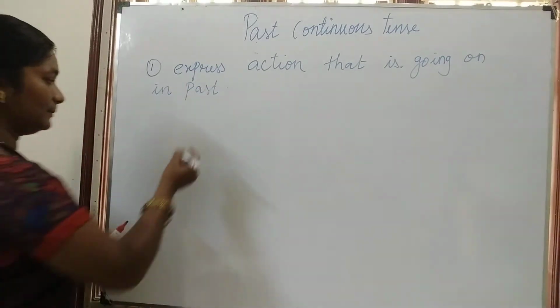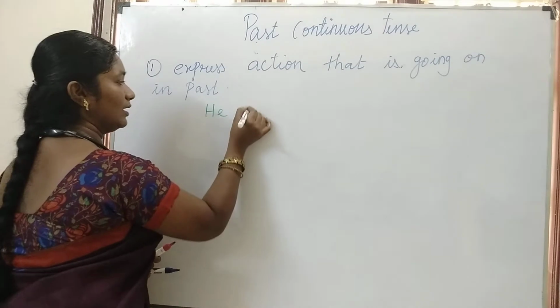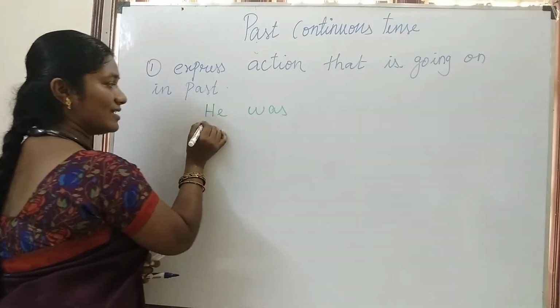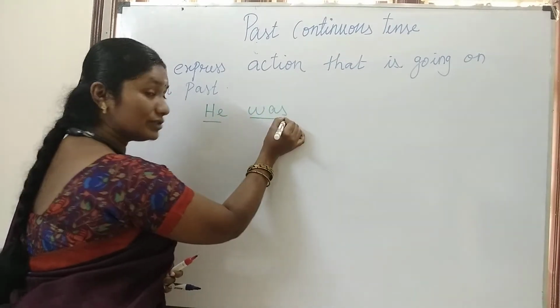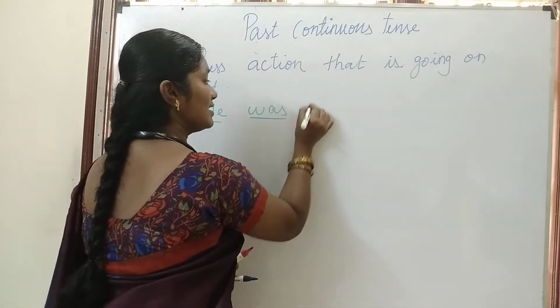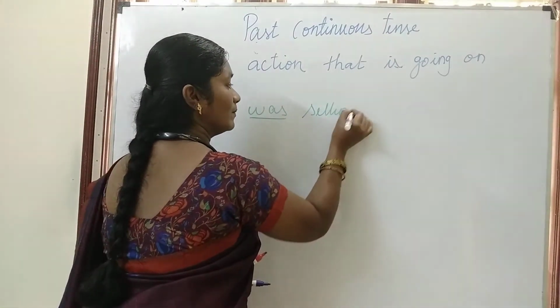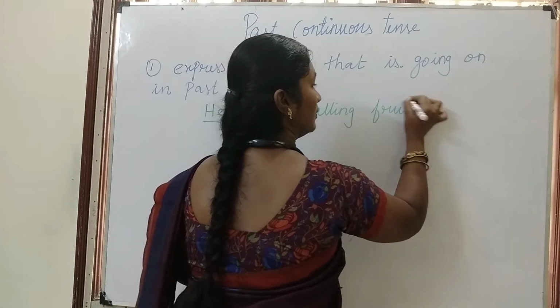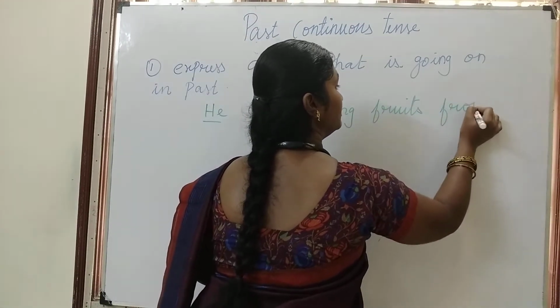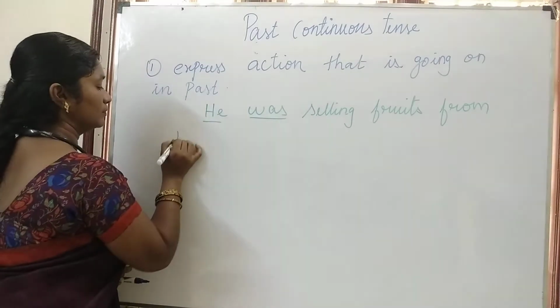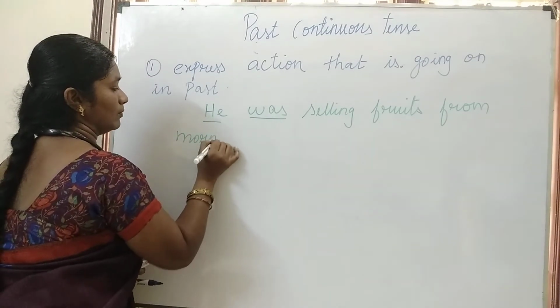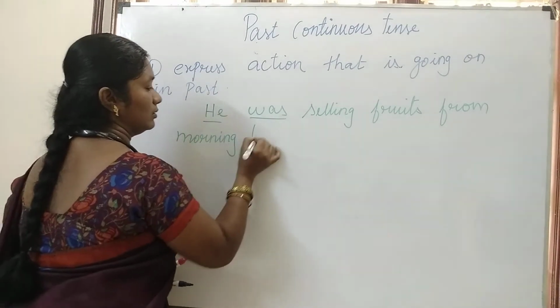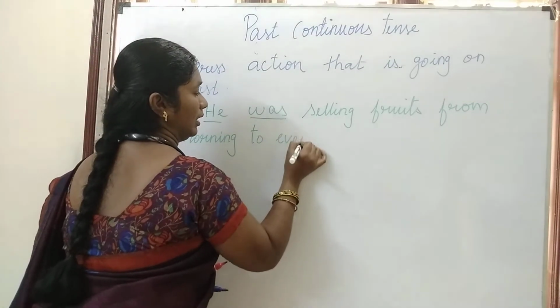For example, he was selling fruits from morning to evening. He is singular, so we have to use the helping verb was.